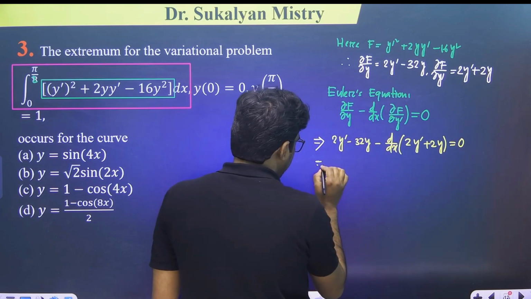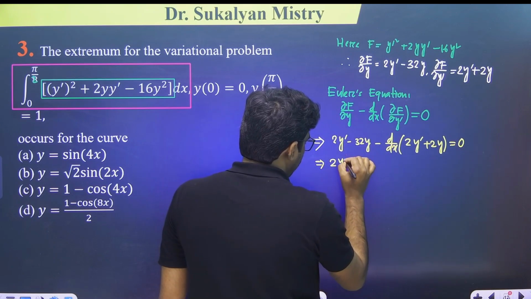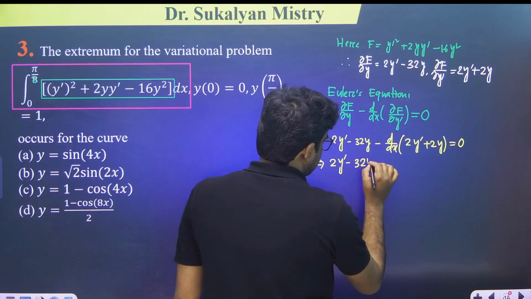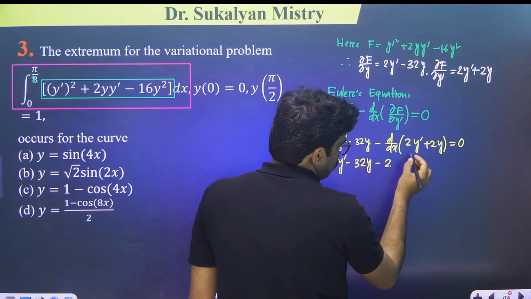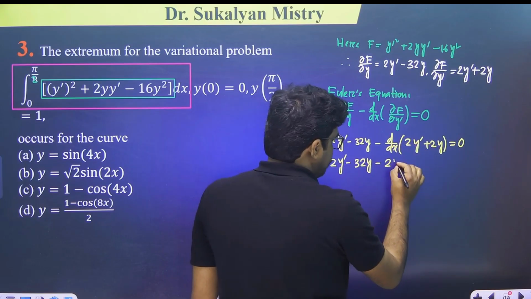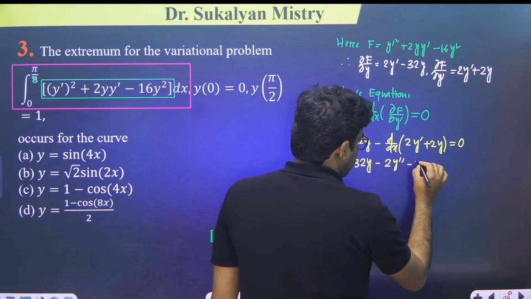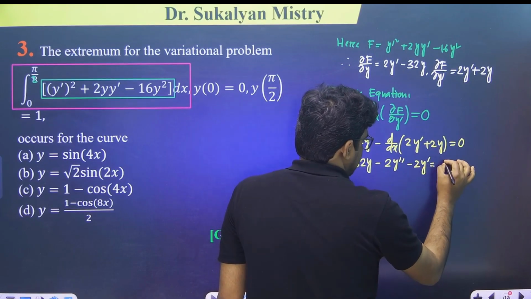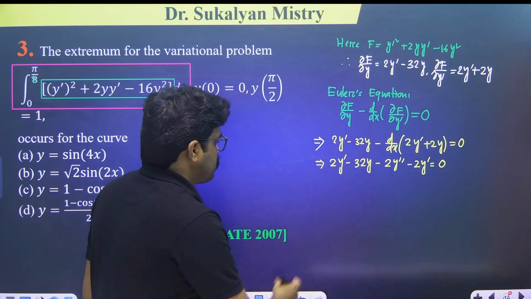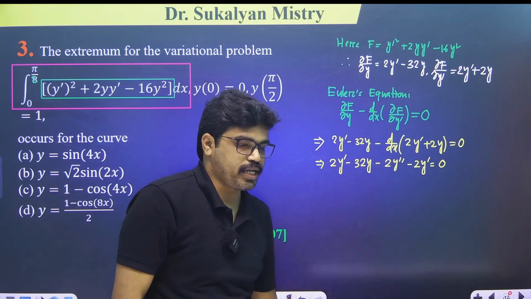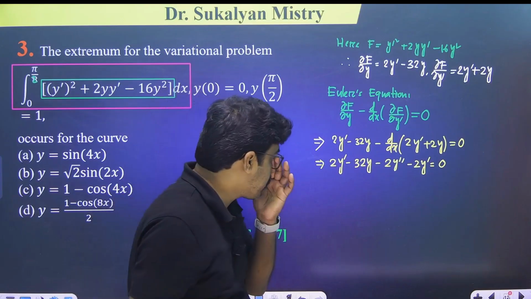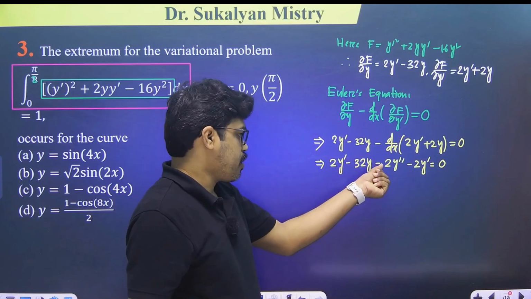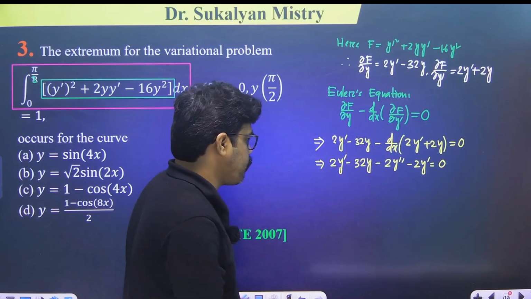So this implies 2y' minus 32y minus 2 times the derivative of y', that is y'', minus 2 dy/dx, that is y', is equal to 0. So plus 2y' minus 2y' cancel, right? So ultimately what we get is minus 32y minus 2y'' is equal to 0.